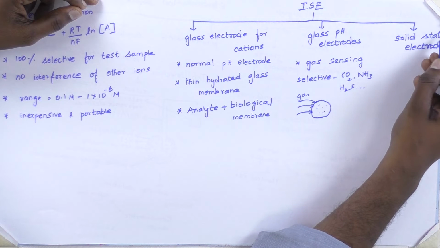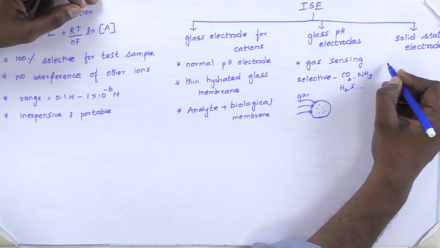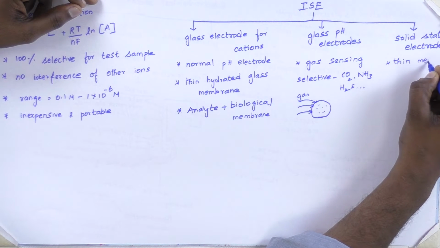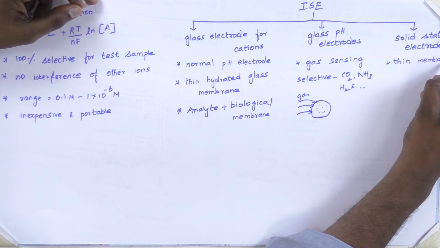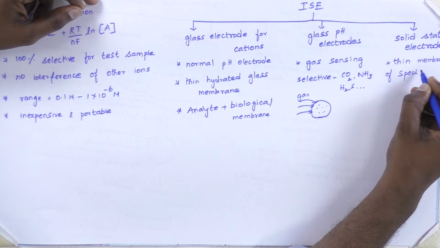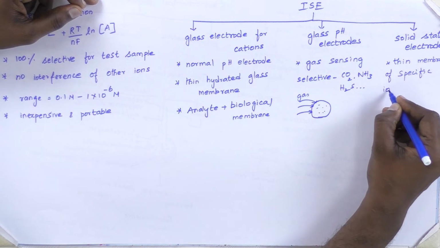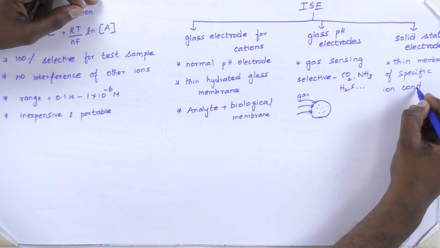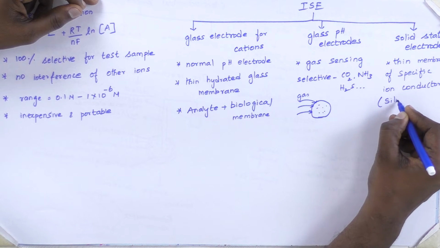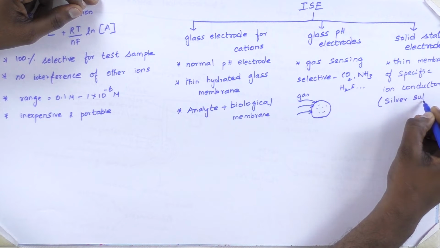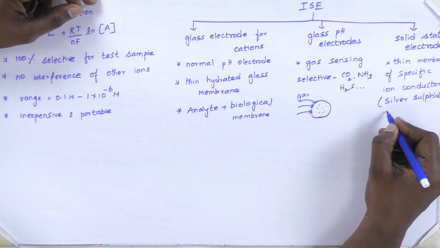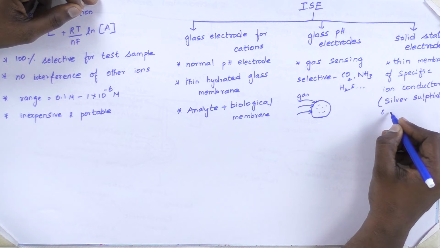Another electrode is the solid state electrode. It consists of a thin membrane of specific ion conductor, with silver sulfide and silver halides.